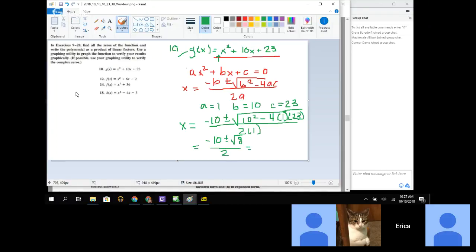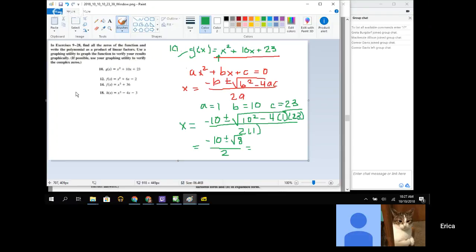If we do a little simplifying, the square root of 8 is 2 square root of 2, over 2, which is negative 5 plus or minus the square root of 2. So that is one of our roots of our equation.